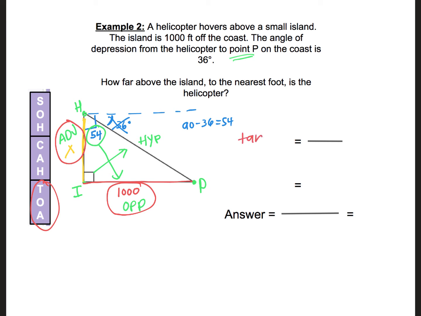Remember, you do the tangent of your angle, which is 54, equals my opposite side, because O comes first in SOHCAHTOA, so 1,000 divided by my adjacent, which is X. Again, from here you're trying to get X by itself, so I'm going to go ahead and multiply both sides by X. When we do that, we have X tangent of 54 equals 1,000. And then we need to get X by itself, so I'm going to divide both sides by the tangent of 54.